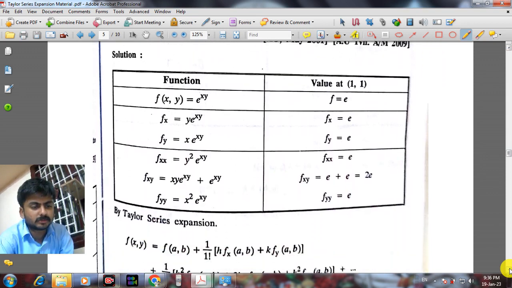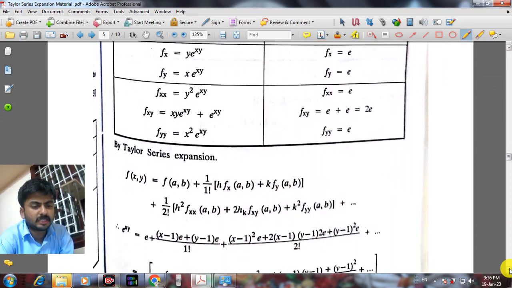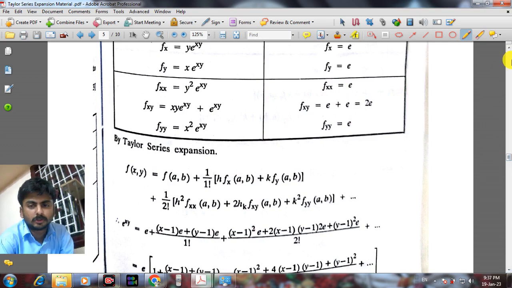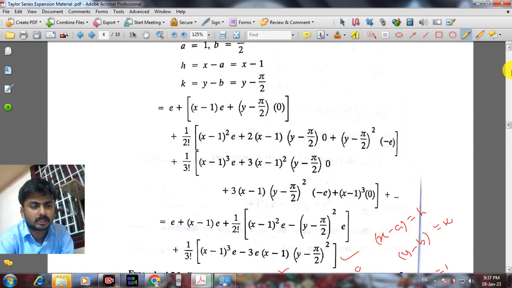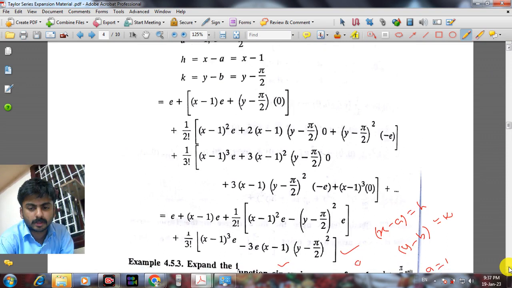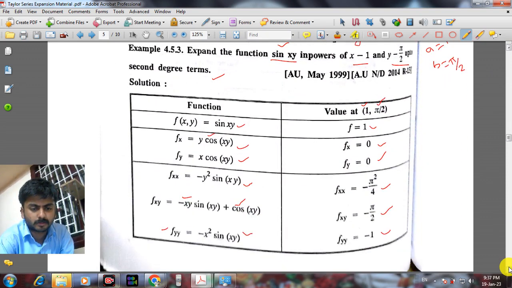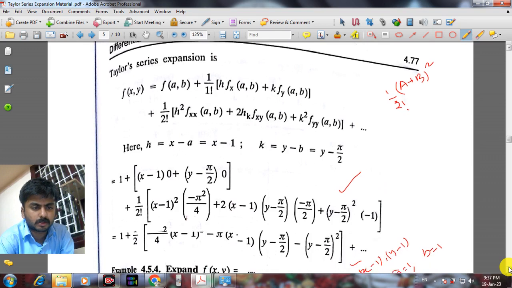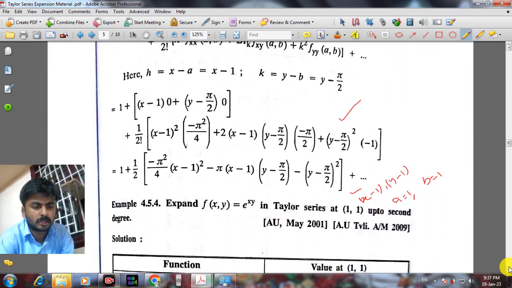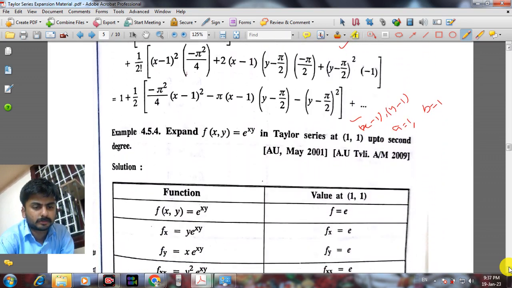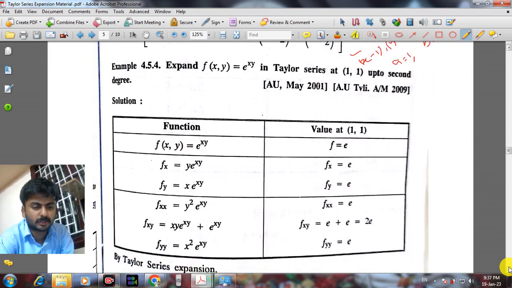Let me check the points. H equal to x minus a.